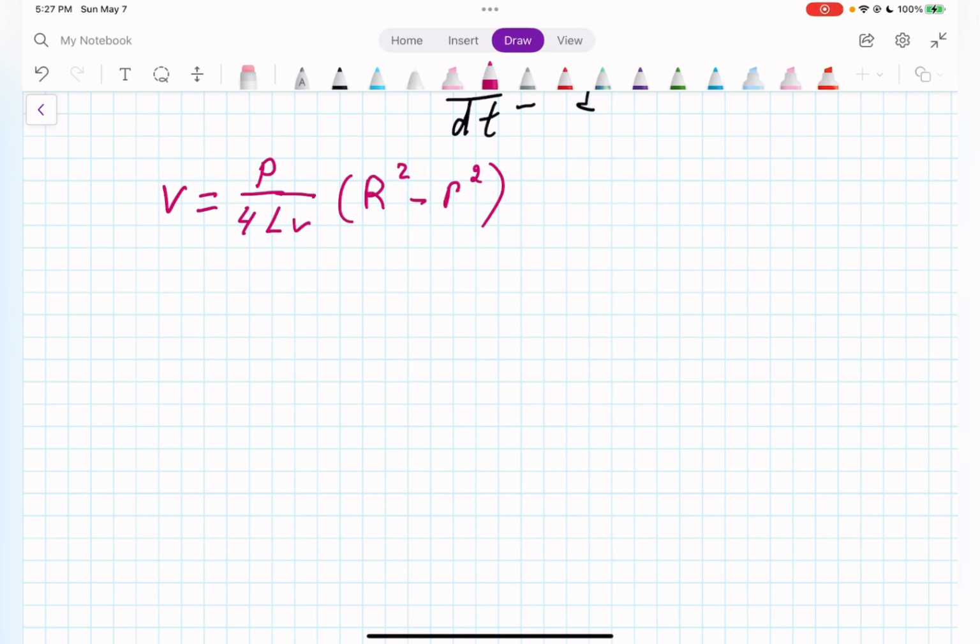Our P, which is pressure, let me see how much is our P. I don't see it here. Let me go back and look it up. Did I take the picture of P? Yes, so here it is, 450.